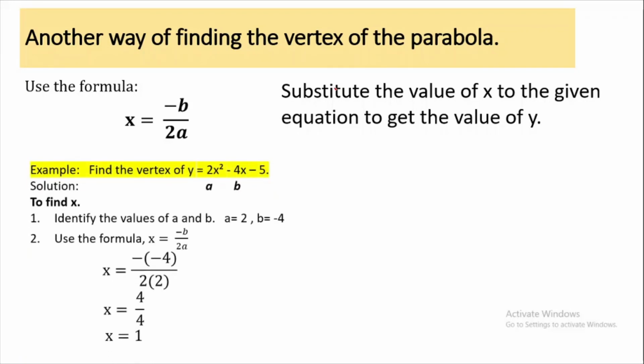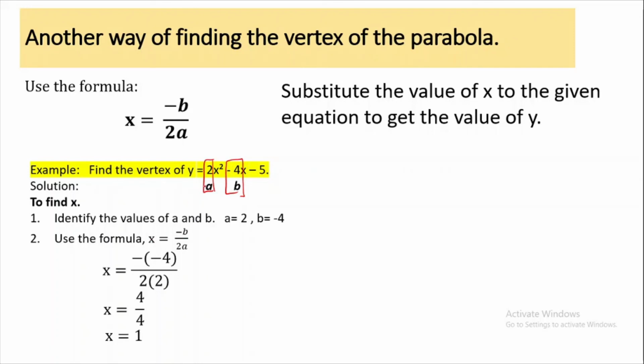Yung example number 1 natin kanina. So, let's try. So, the solution, first, we need to find x using the formula. So, identify natin kung ano yung values ni A and yung values ni B. So, on this given equation, A is 2 and B is negative 4.